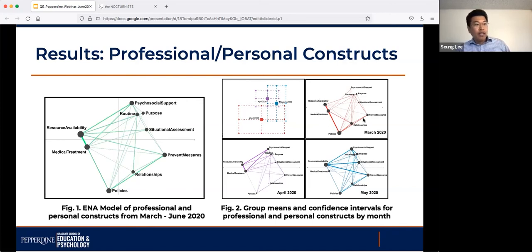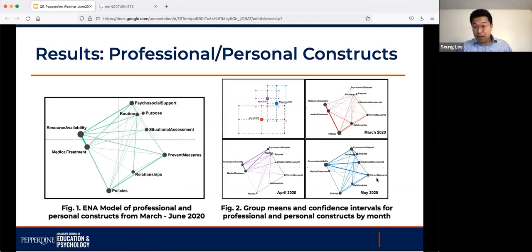You can already see these stronger links during March between resource availability, medical treatment, and policies, focusing around here. And then there's a shift later in April, with greater connections being made to psychosocial support that is required, but still very much focused on resource availability and medical treatment.